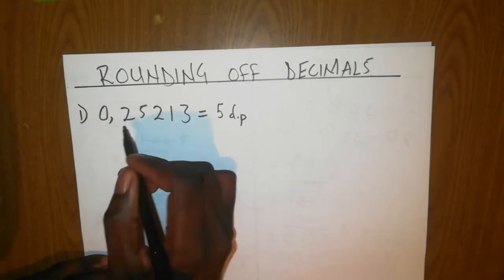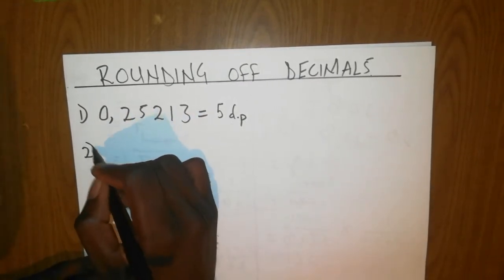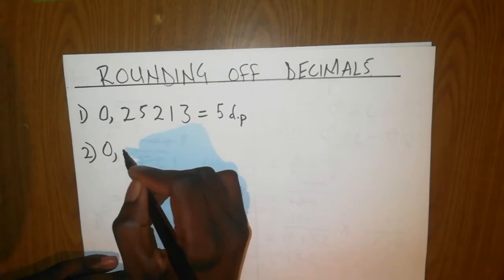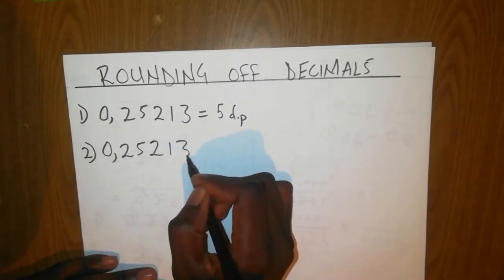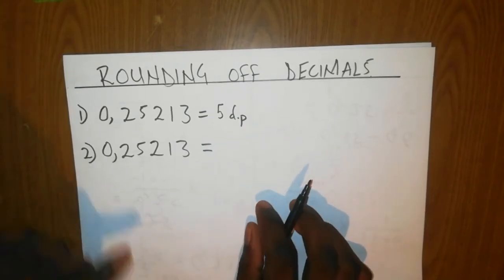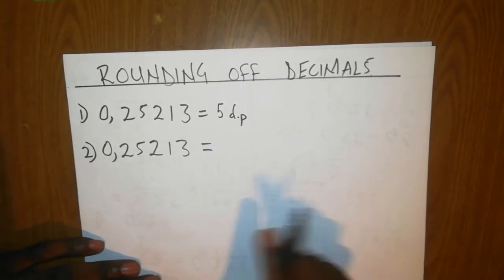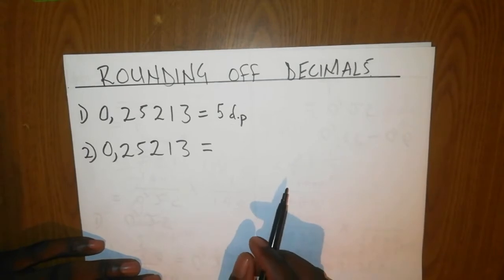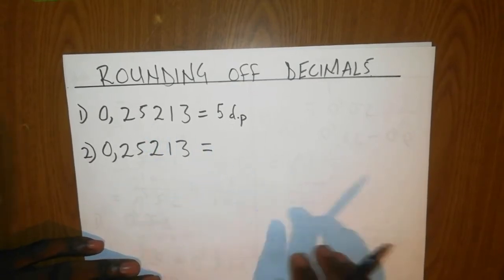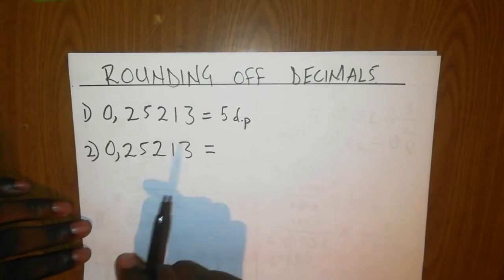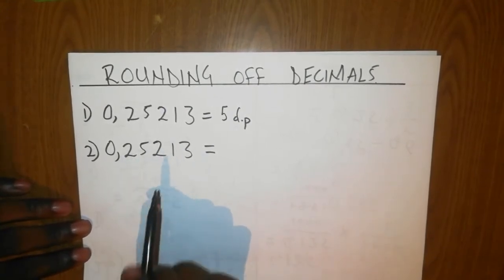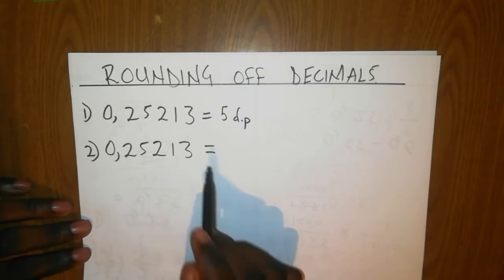I'll give you this same example, number 2, 0.25213. In this case, this number is equal to 5 significant figures. Get the definition of significant figures right. Significant figures refers to the number of non-zero digits that are found within a number.